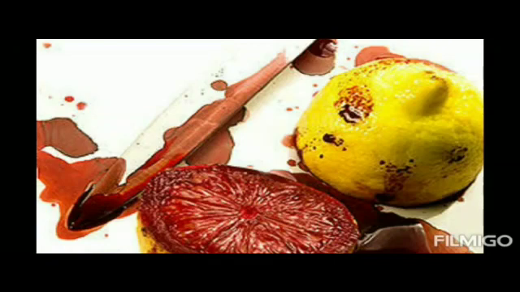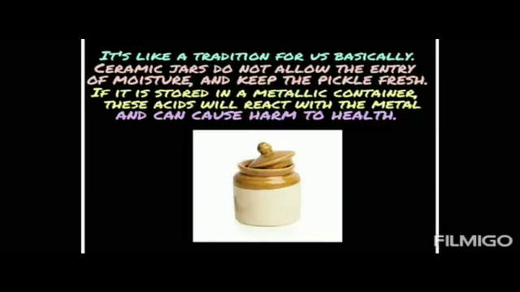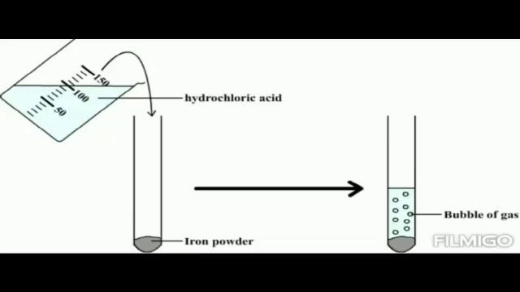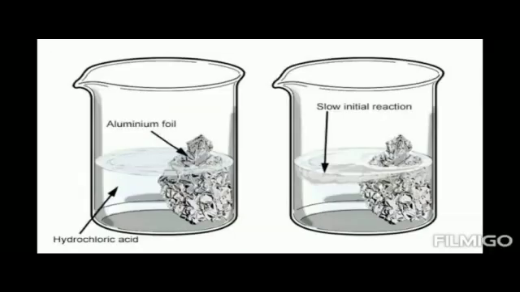Students, why are sour substances like pickles not stored in metal containers? Let us do an experiment to understand it. Take some small metal pieces of zinc, iron, magnesium, aluminium, etc. in separate test tubes.